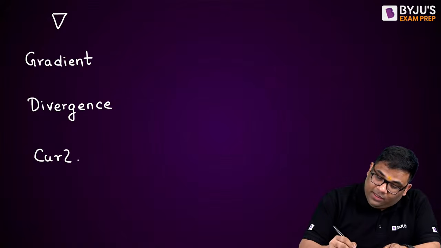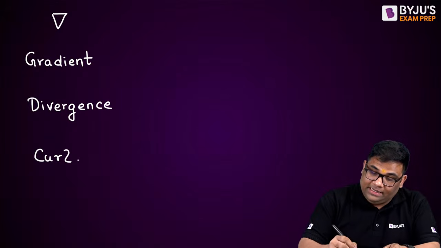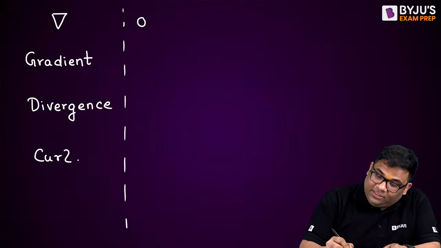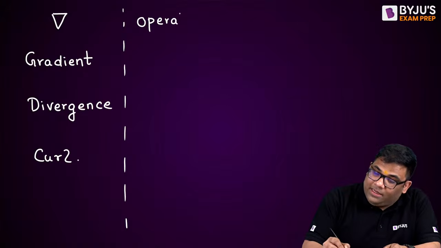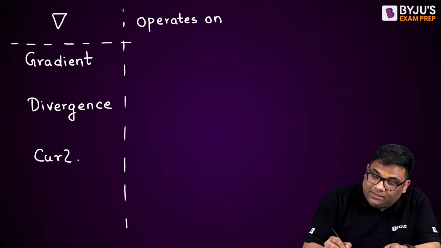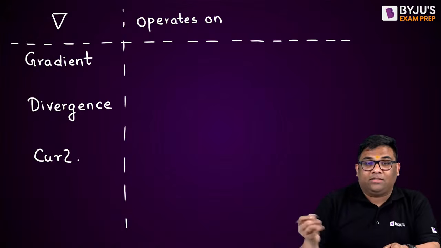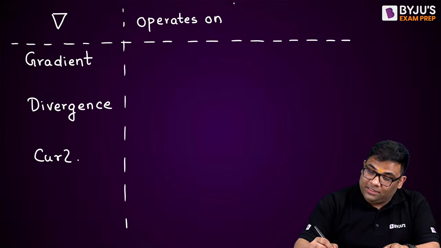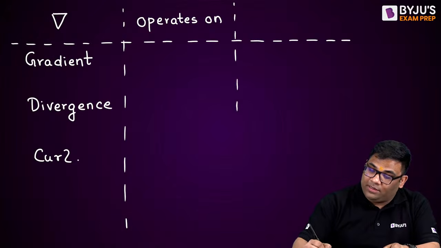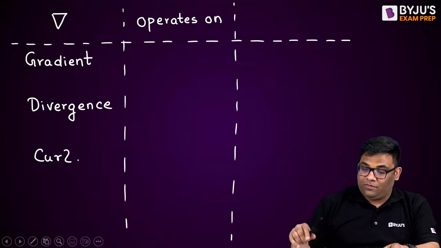Now first, the gradient: it operates on what? Tell me, fast. Gradient operates on what?